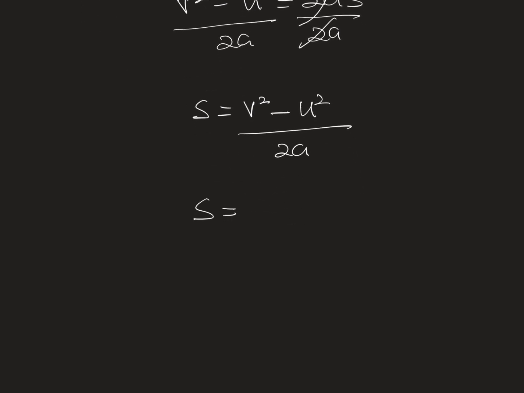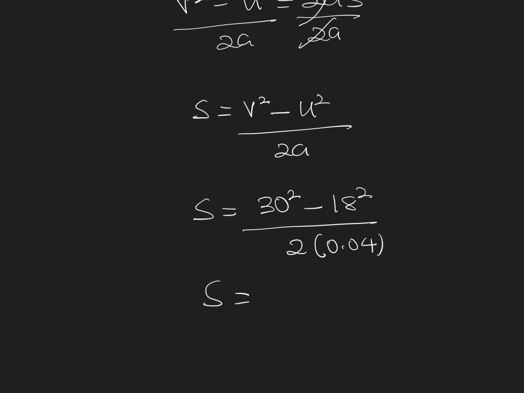The final velocity is 30 squared, the initial velocity is 18 squared, divided by 2 times the acceleration, 0.04. So the distance is 7,200 meters.